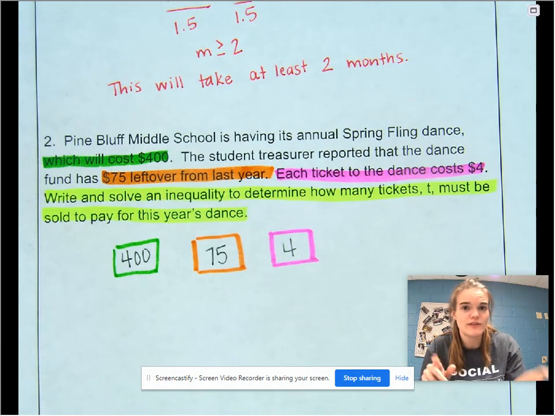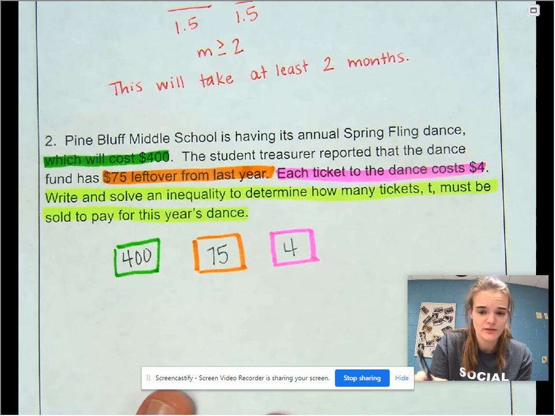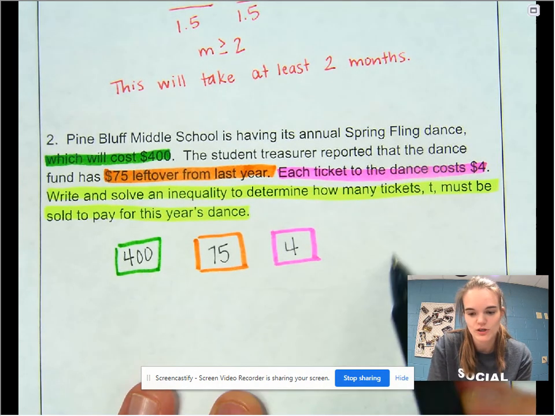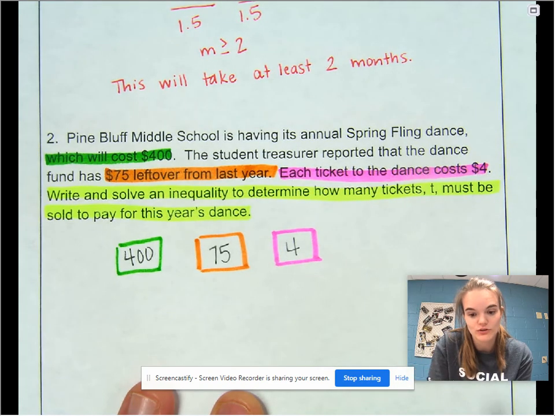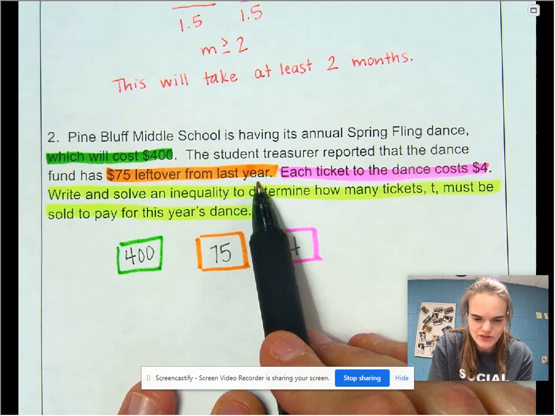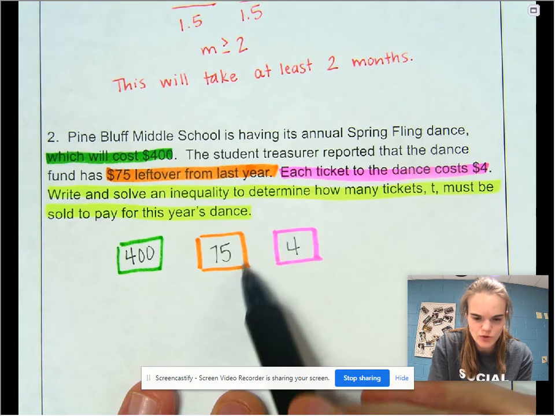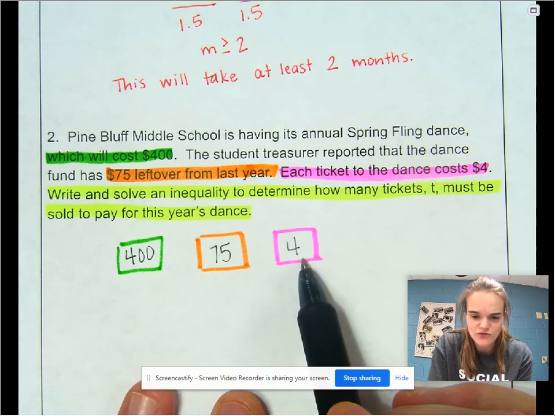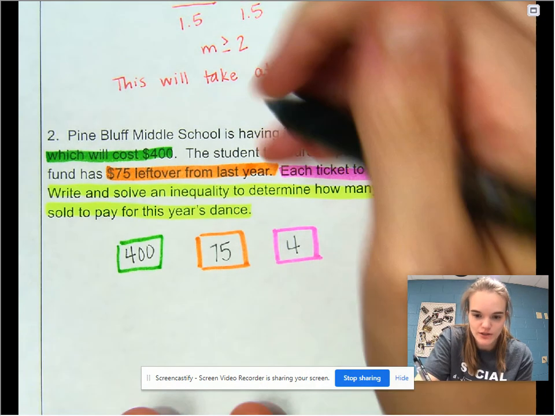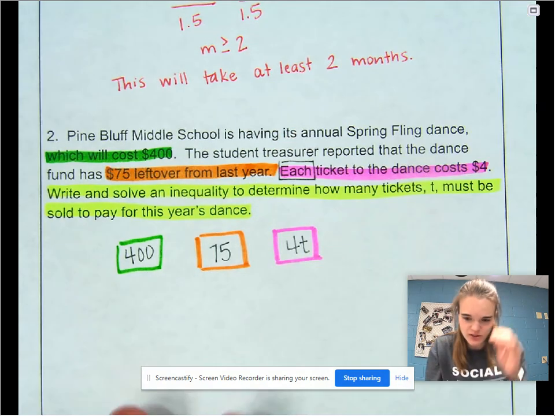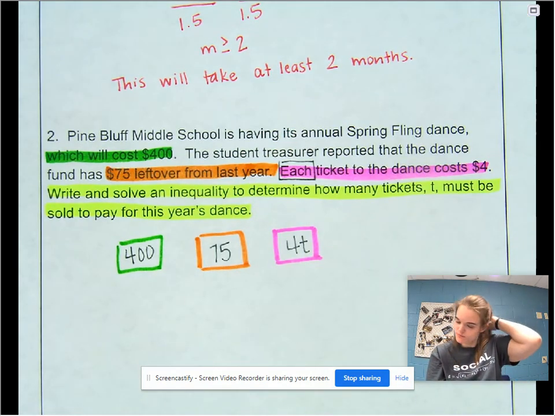Okay, we have a variable. We have to decide what it goes with. $400 is going to be the total cost, which means we might have wanted to put that back here, but we don't have to. $75 left over from last year. Okay, this is just one big amount of money that they have left over. And each ticket costs $4. There's our key word, each. Each means the ticket price, T, is going to go with 4.